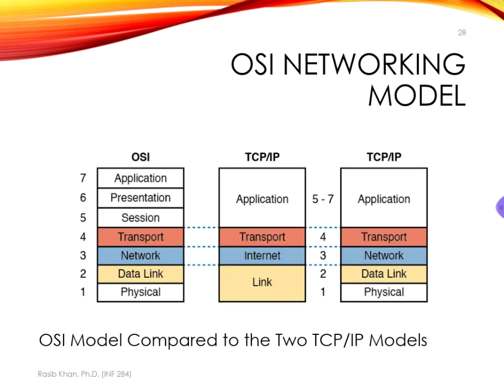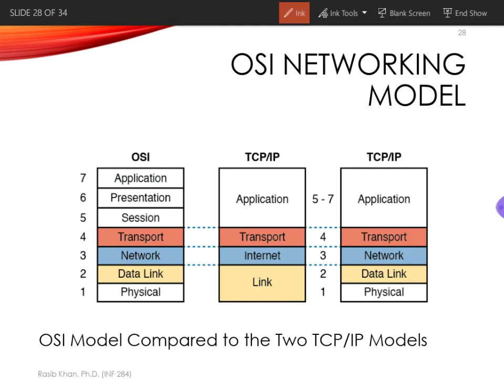So the OSI networking model looks like this, where it has the physical layer right at the bottom and the application layer right at the top. And the way that it compares to the TCP IP model, the first version, is that the data link and the physical layer corresponds to the link layer.